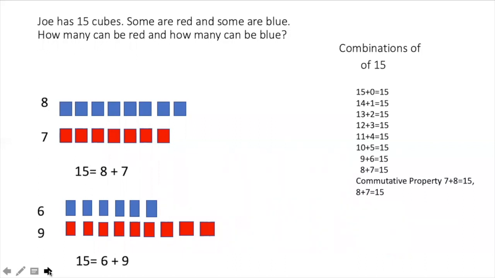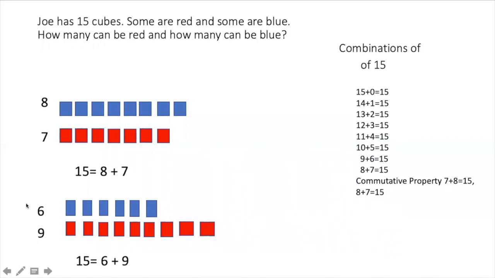How many can be red and how many can be blue? All right, so we can start out and we can say we have 8 blue cubes and we have 7 red cubes. So 15 equals 8 plus 7. So that would be one combination or one joining of the 8 cubes and the 7 cubes to make 15.